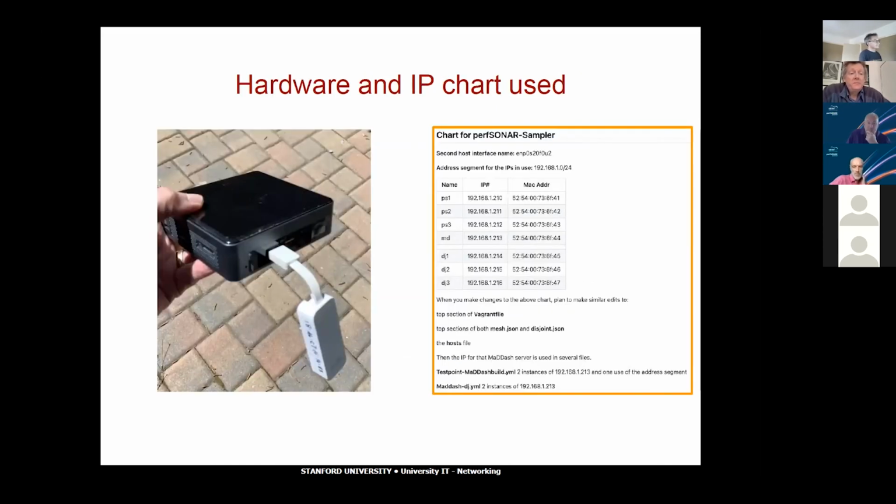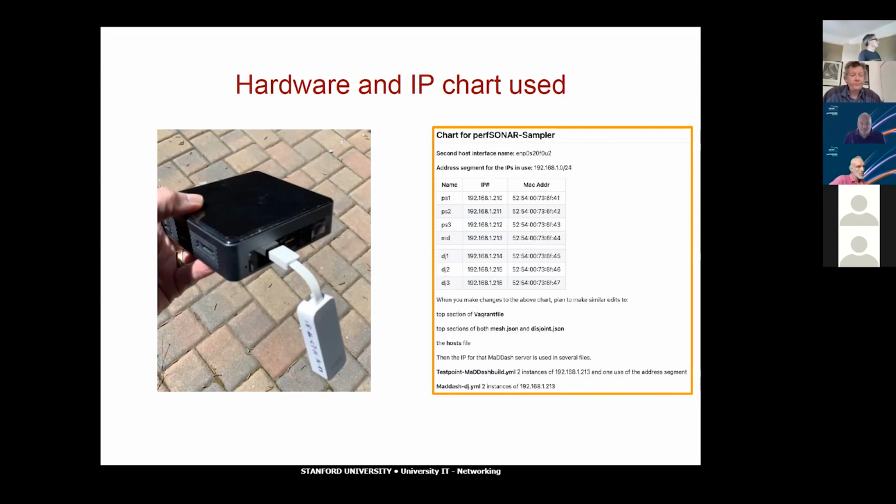On the left there, you can see my small NUC that I've used. It's almost worn out from the number of times I've rebuilt it and handled it over time. In order to get VMs working on that and doing perfSONAR work on VMs, I used an external dongle for a second Ethernet interface.